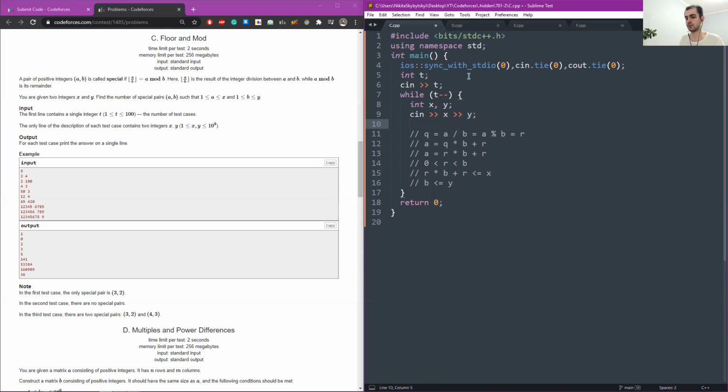I'm going to explain it in a second. So counter is going to count our stuff. In the end, we're going to output counter. So remainder should not be 0. This kind of condition should hold.